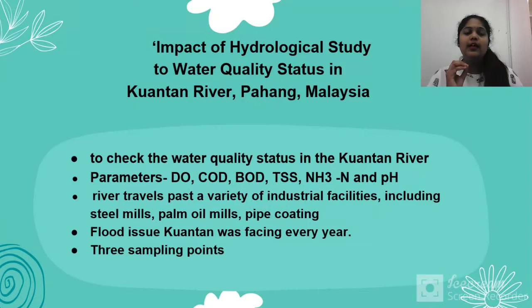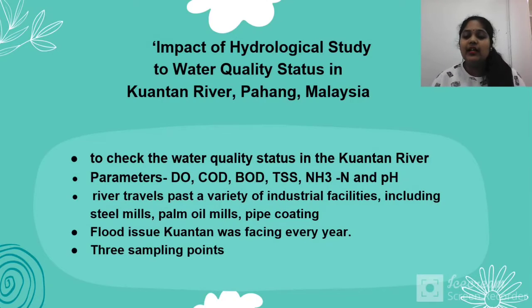The main problem that made the researchers study the water quality status in the Kuantan River is the flood issue Kuantan was facing every year. We all know that last year during Christmas, Malaysia was terribly affected by flood, and Pahang, especially Kuantan, was terribly affected, where people even lost their homes, the government had to redo the roads, and some people had to rebuild their homes.